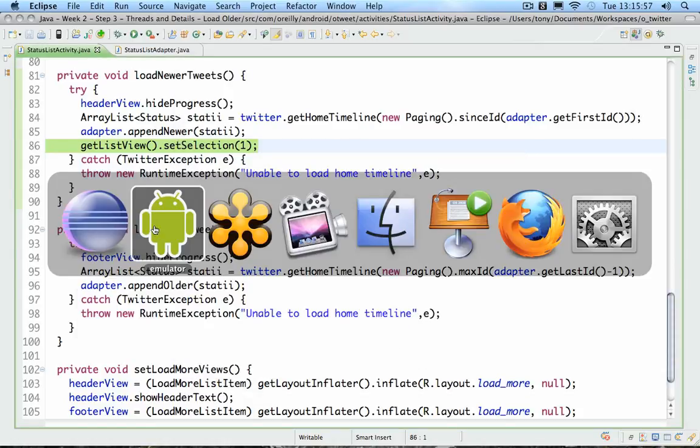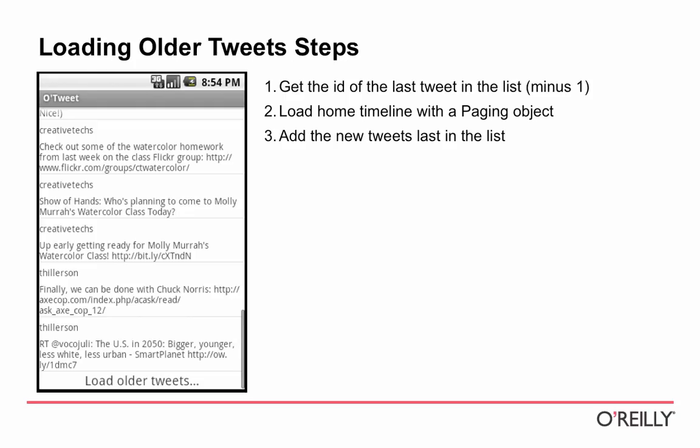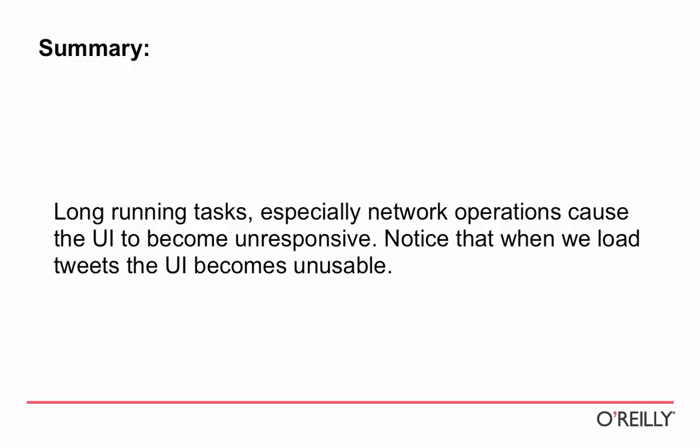And the reason for that is the summary that I want you to take away, although everything is pretty much the same. Let's just focus on the fact that when that long-running task, that network operation of loading those tweets, is happening, it's running on the same thread as the UI, unless we explicitly put it on another thread.